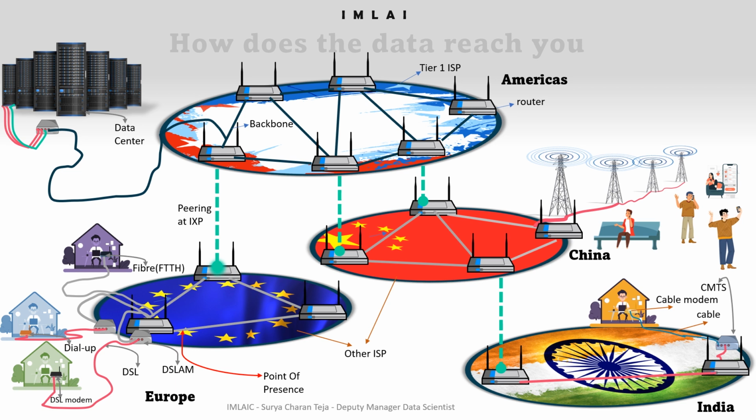And then from there it will go to the backbone, from that backbone to the nearest router to your home, and from there through the optic fiber it will directly come to your laptop, because as it is connected to the optic fiber, it will enter into your laptop.